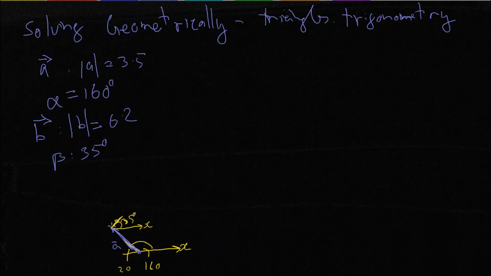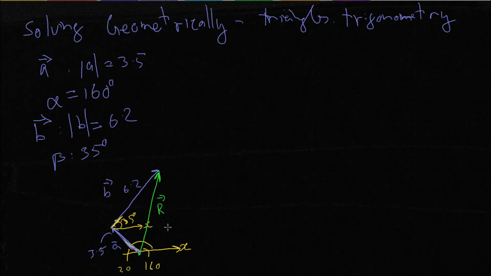So we would draw our vector B in here at 35 degrees with a magnitude of 6.2, and A, as we said, is 3.5. Then we need to find our resultant, which goes from the first tail to the last head.